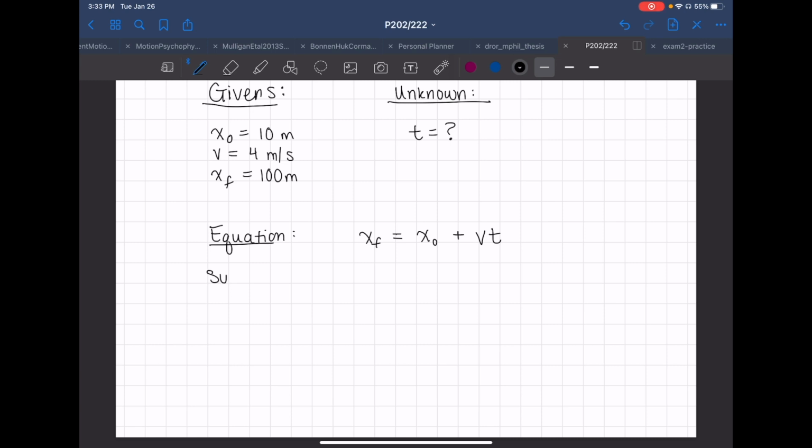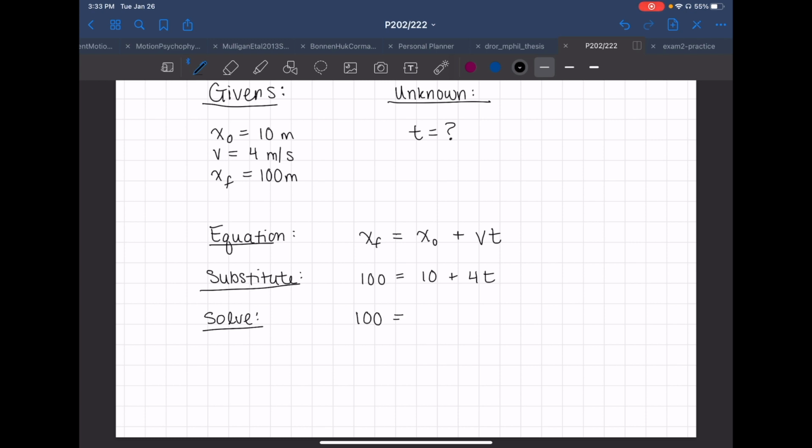So now we will substitute. Our final position was 100, our initial position was 10, plus 4t. And now we will solve for t.